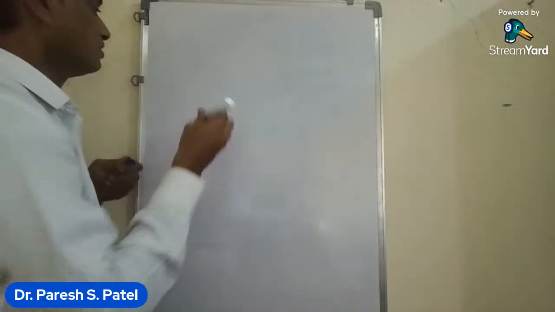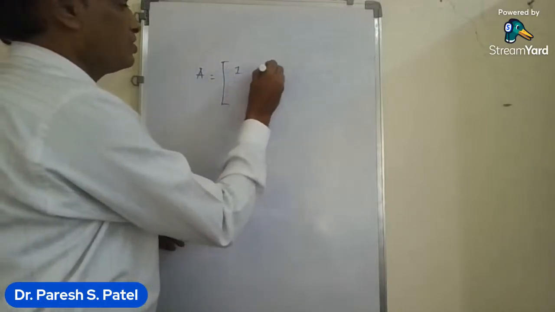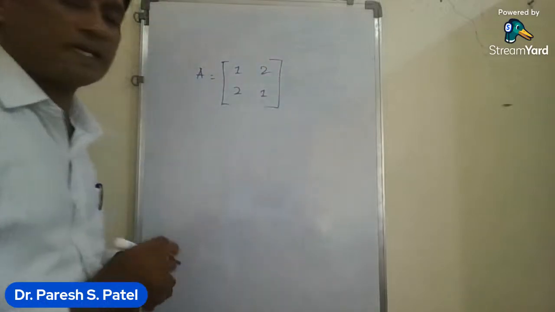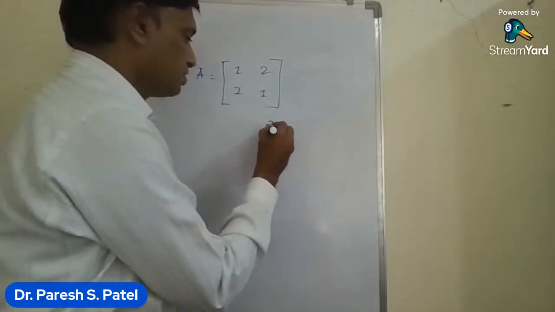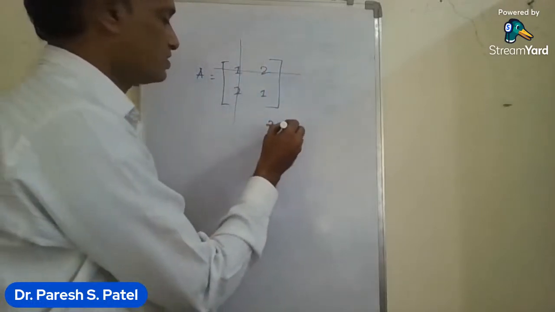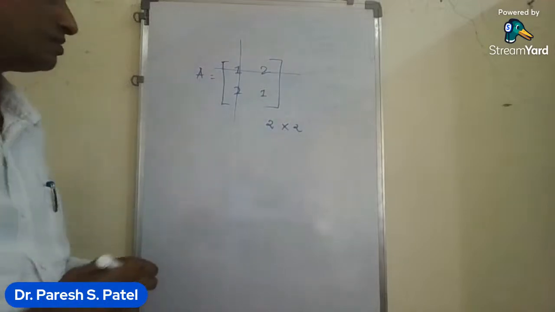For example, matrix A is equal to 1, 2, 2, 1. The number of rows is equal to 2, and the number of columns is also 2. So this is a 2 by 2 matrix.